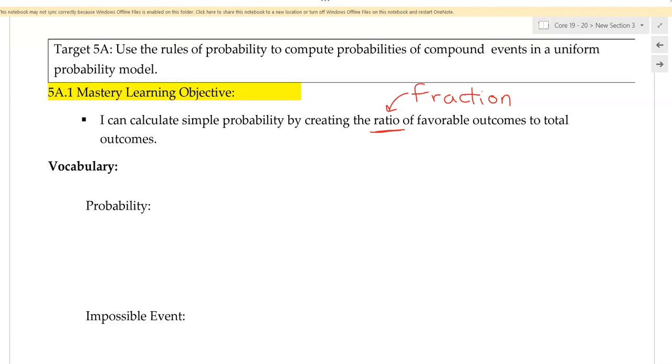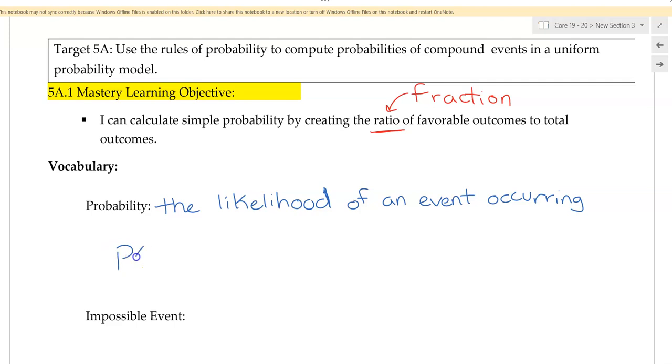Okay? So what is probability? The definition of probability is the likelihood of an event occurring, or how likely it is for something to happen. And how we find that is through a ratio, a fraction.